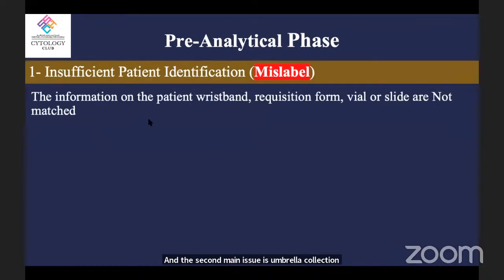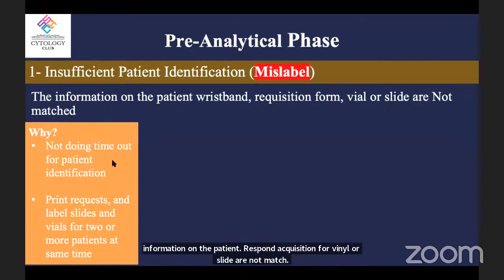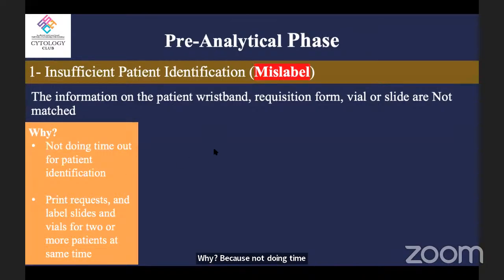The information on the patient wristband, requisition, and vial or slide are not matched. Why? Because of not doing a timeout for the patient. The timeout is very important, where the physician and the attending nurse both say the ID number of the patient loudly.